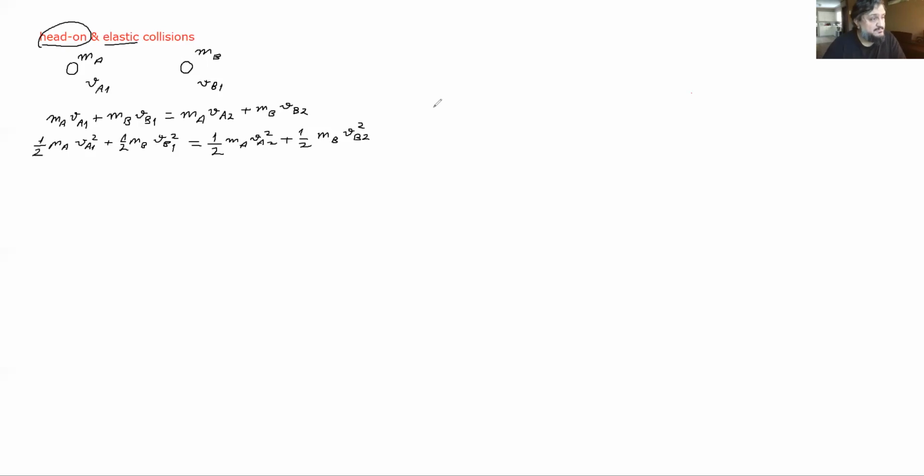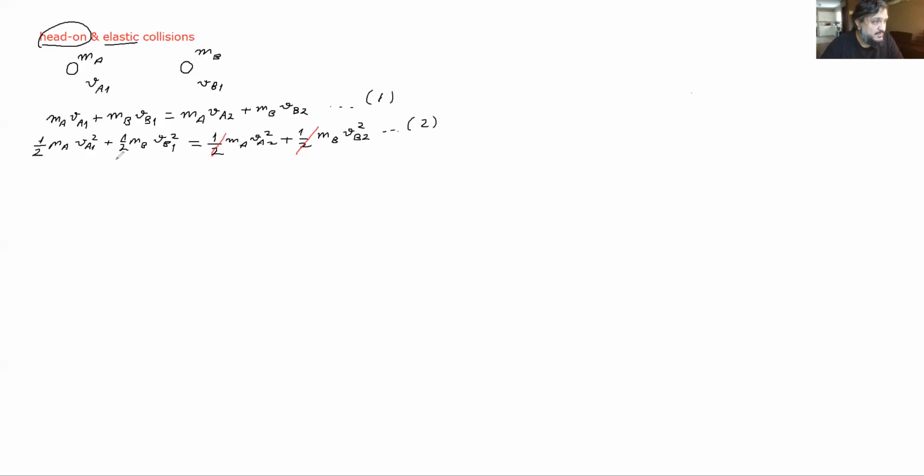So here's how it goes. Let's call this equation number 1, and this is equation number 2. I'm going to take the second equation, and I'm going to first get rid of the 1/2. Let's simplify it a little bit.